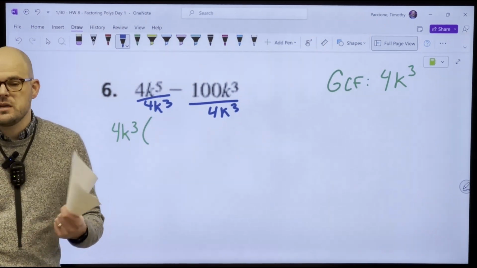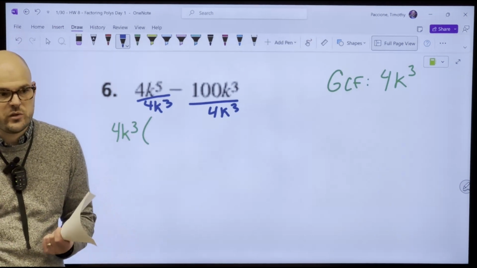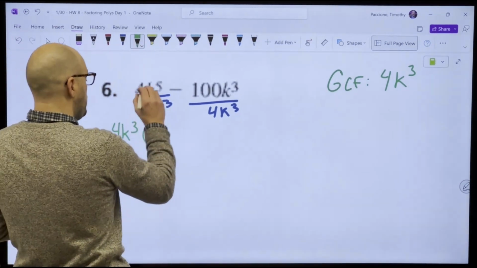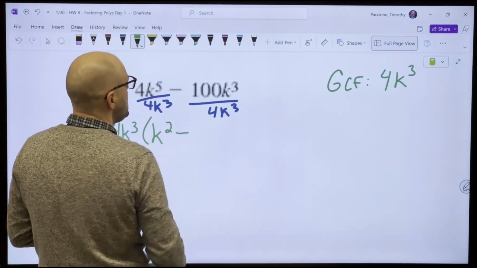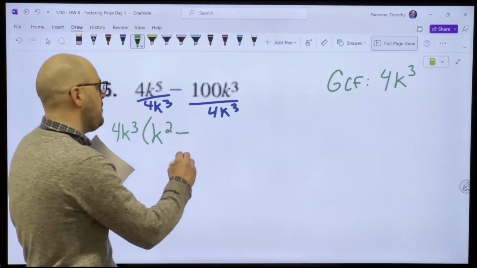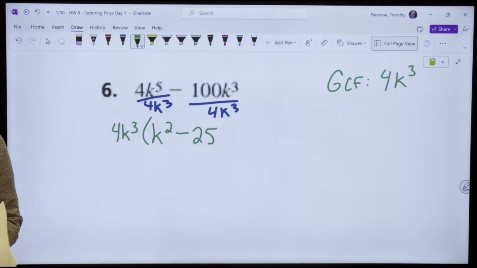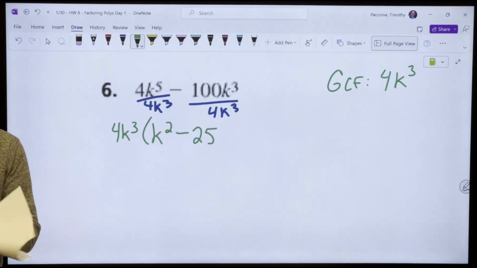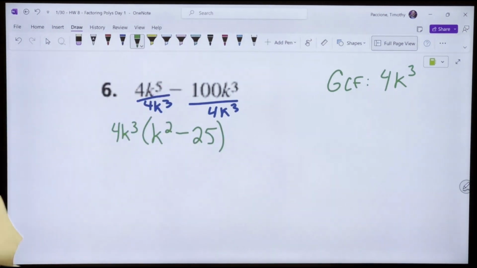K to the 2nd, because when we have an exponent over an exponent, we subtract. 5 minus 3 is 2. So I have just k to the 2nd. Minus, and then 100 divided by 4, 25. And k to the 3rd divided by k to the 3rd, that cancels, leaving you with just minus 25.